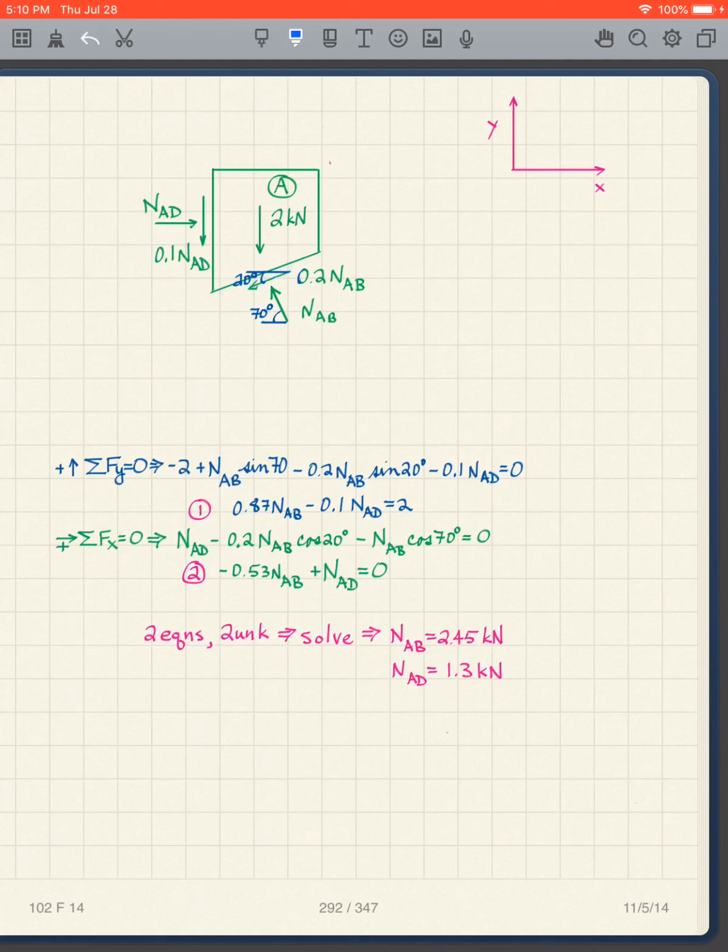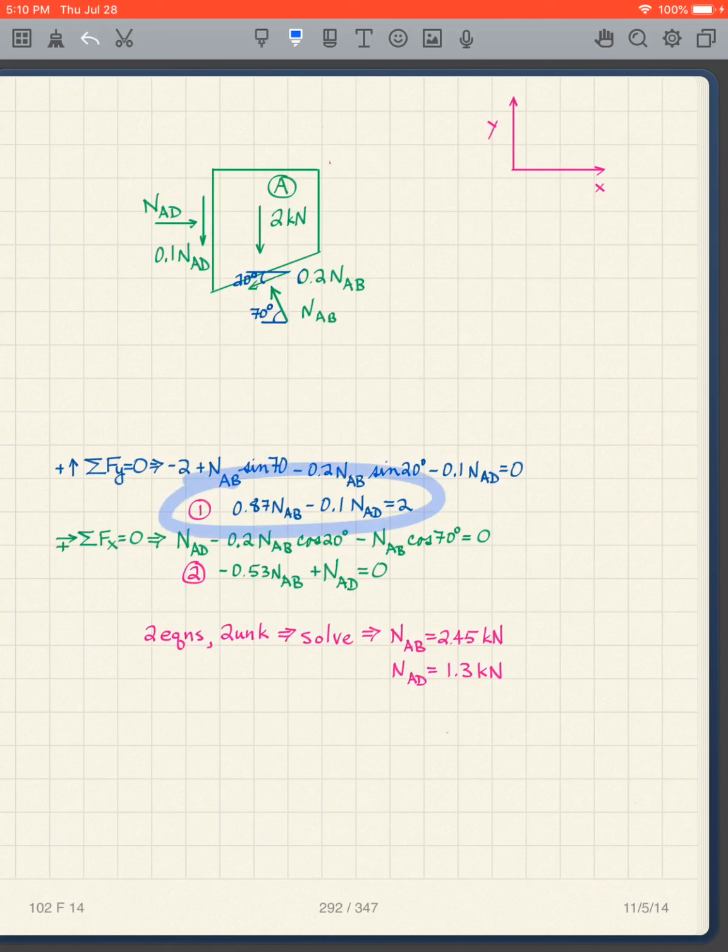So it's minus 0.2 NAB, and it's the cosine of the angle because it's the x direction. And again, this one also goes toward the left, so it's going to be minus NAB and cosine of the angle equals 0. I reduce that, I get equation 2.